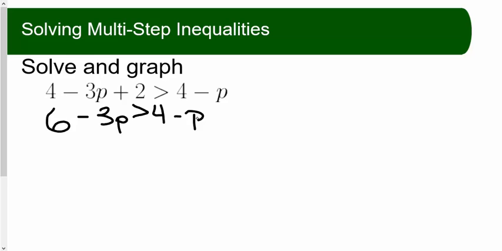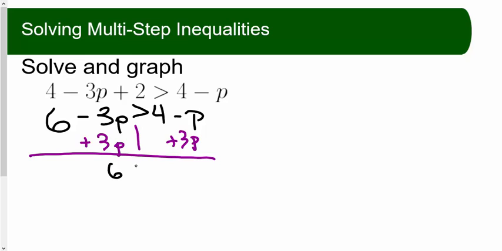I want to keep the coefficient positive. So in order to keep the coefficient positive, I'm going to add 3p to both sides. 6 minus 3p plus 3p is just 6. And that's going to be greater than 4 minus p plus 3p. That is 4 plus 2p.